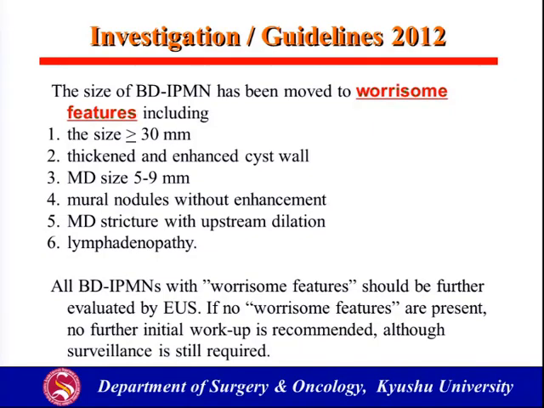All branch duct IPMNs with these worrisome features should be further evaluated by endosonography. If no worrisome features are present, no further initial workup is recommended, although continuous surveillance is still required.